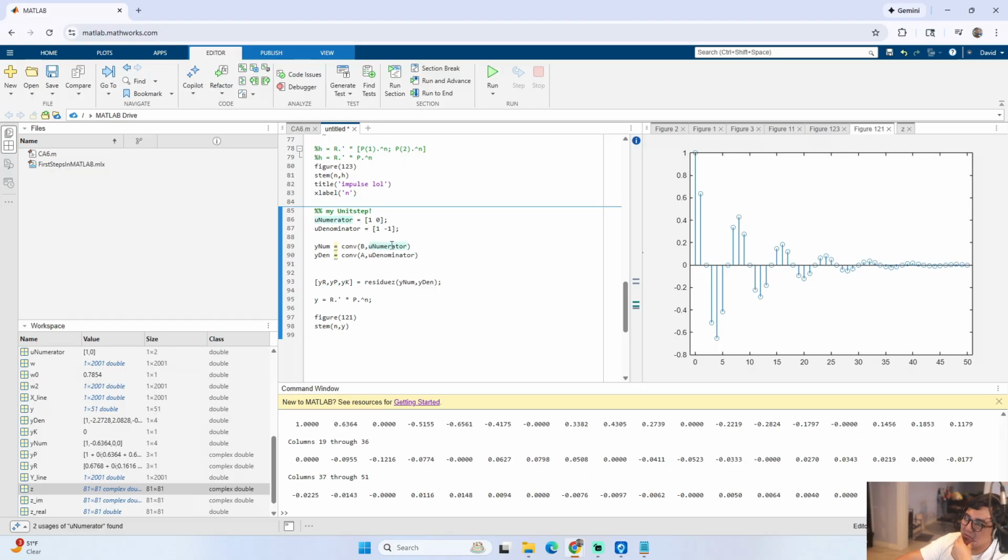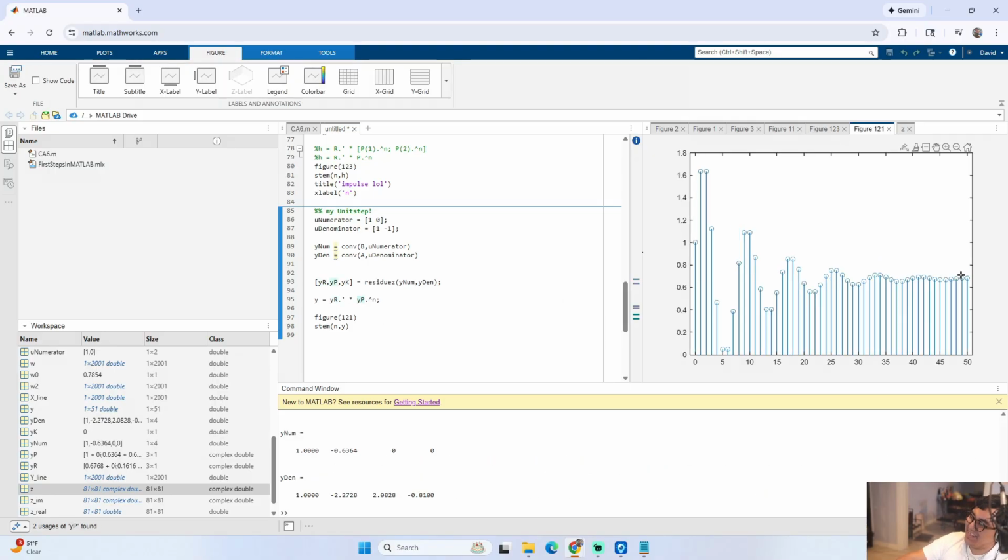Conv numerator denominator. That's my num. That's my dem. Oh, R, Y, R, Y. There you go. Boom. And then what value does that step response settle to?